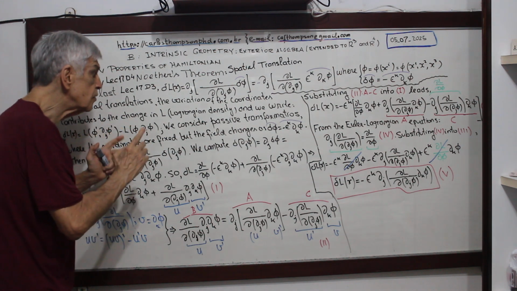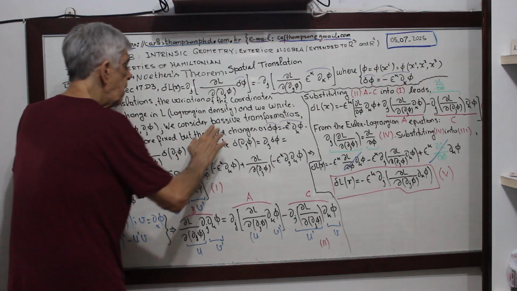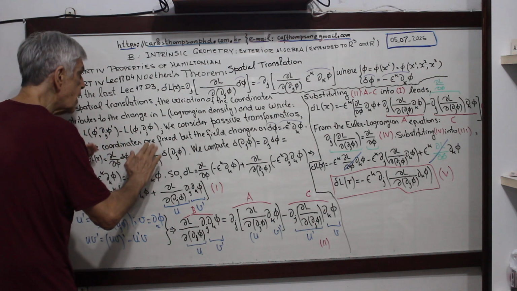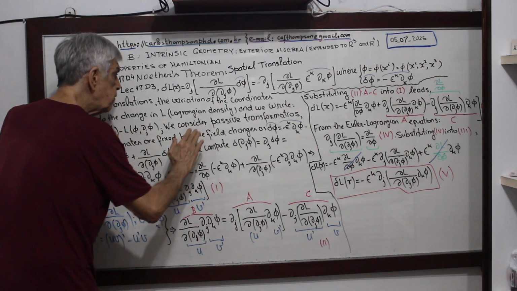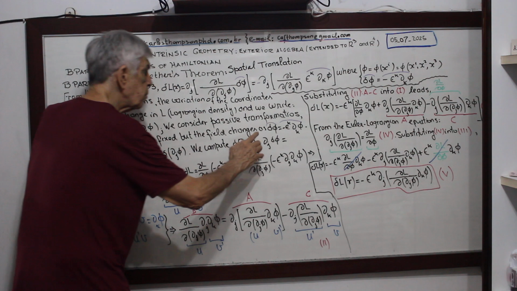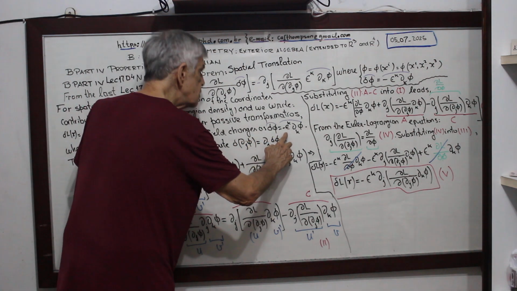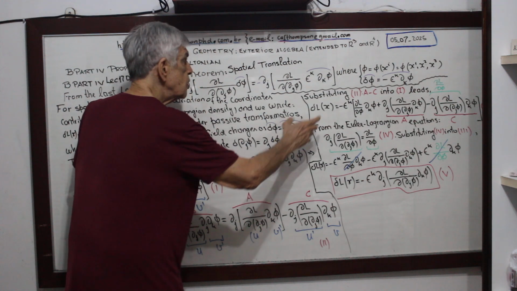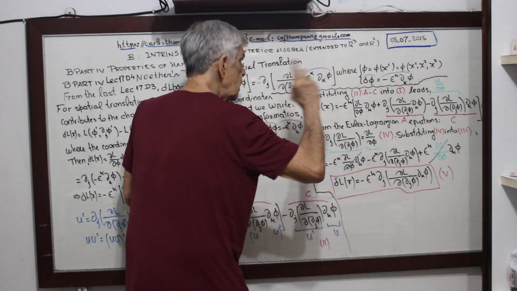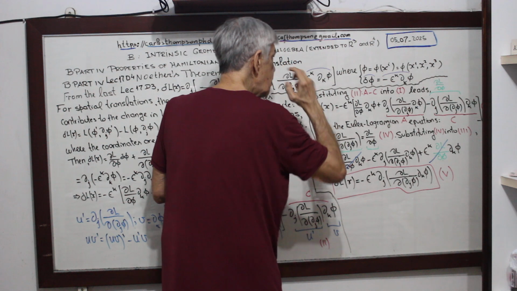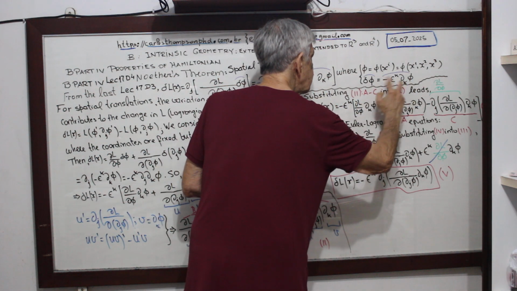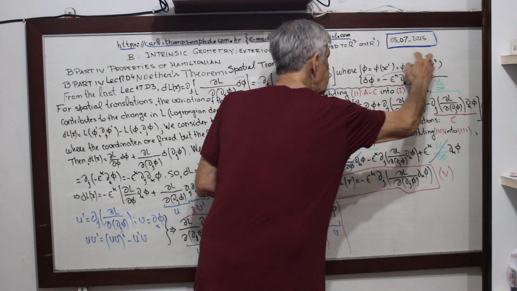Now we consider a passive transformation, where the coordinates are fixed, but the field changes as delta phi is equal to minus epsilon k partial with respect to k of phi. Just over here, as I pointed out and emphasized, this is the same x, the same function at the same point.